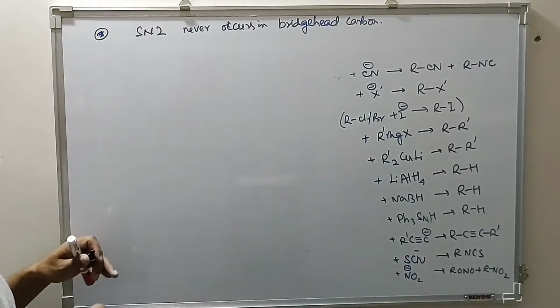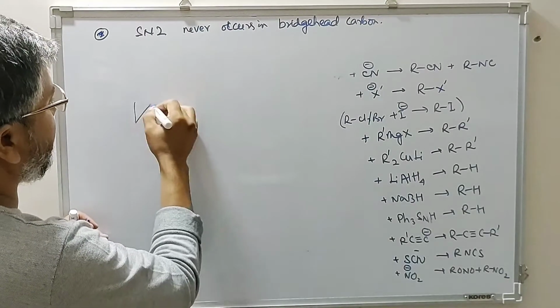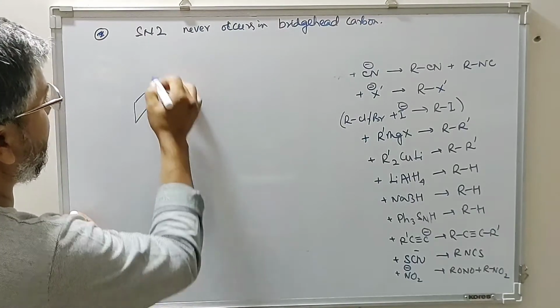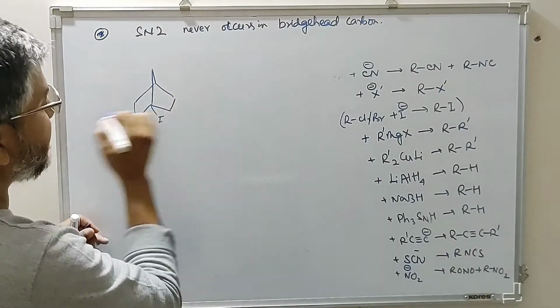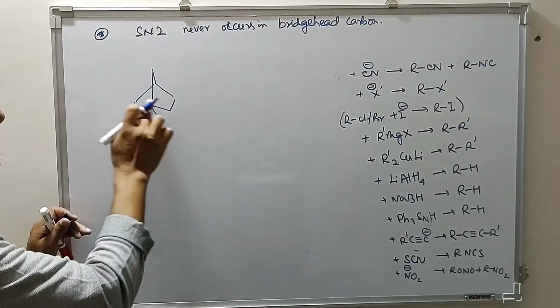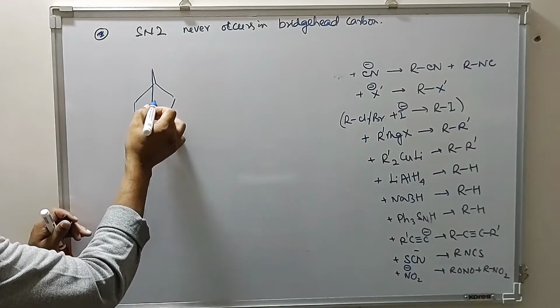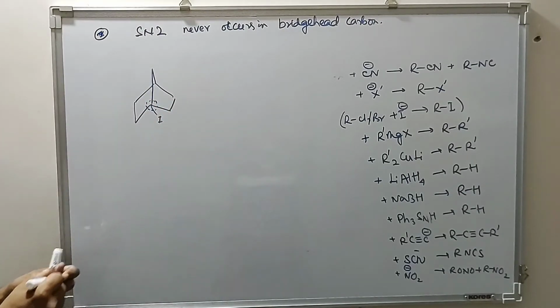So if we have halogen attached to bridgehead carbon, now look at this, we have this type of, suppose we have this X. So look at this, this is X, this X is attached to this bridgehead carbon, this carbon is bridgehead carbon.